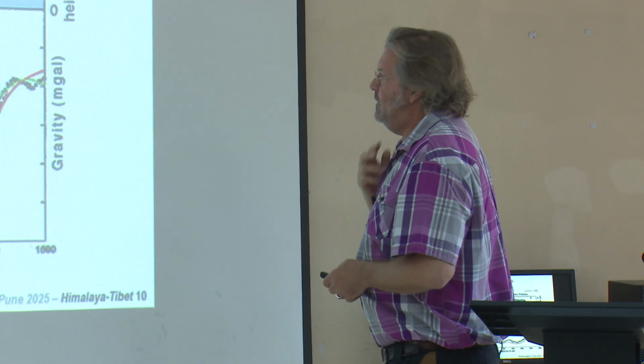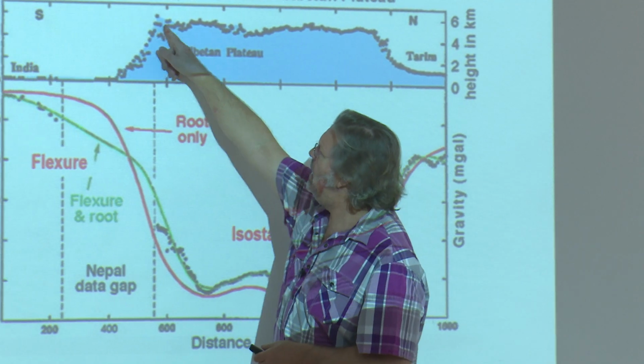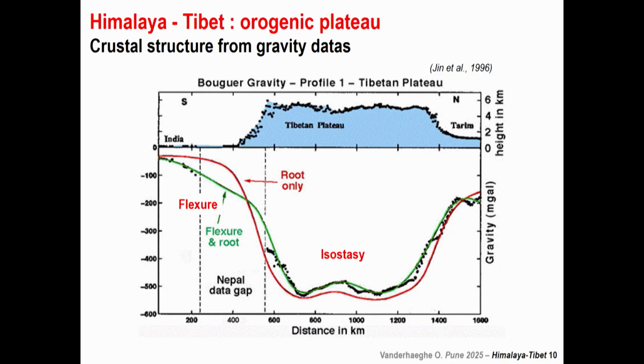In terms of geophysics, here we have the Tibet plateau, the Himalayas, India, and that's the Bouguer gravity anomaly. So it basically gives us the thickness of the crust. These are the data in the black dots, and the model here with only isostasy.